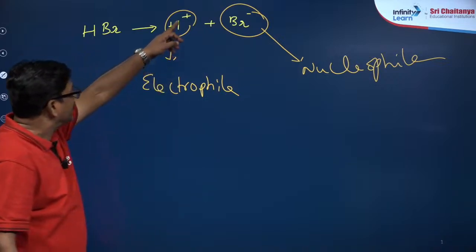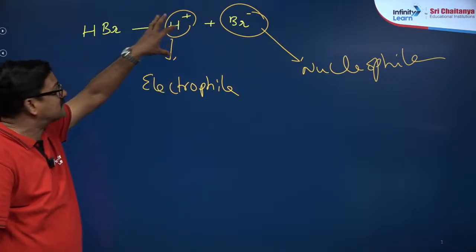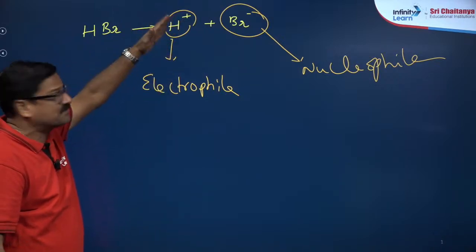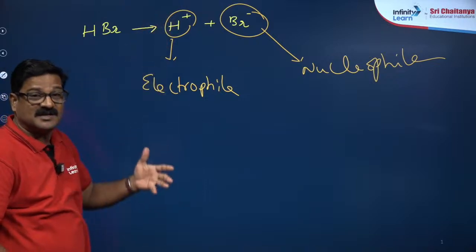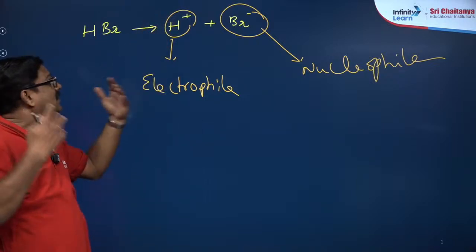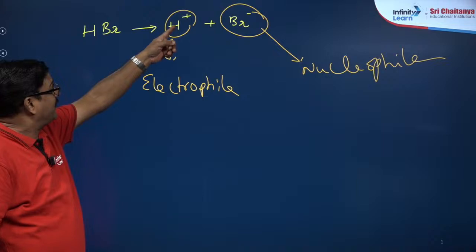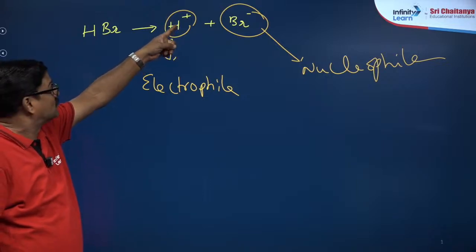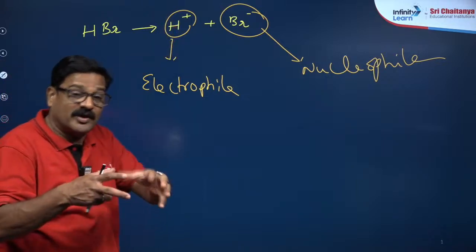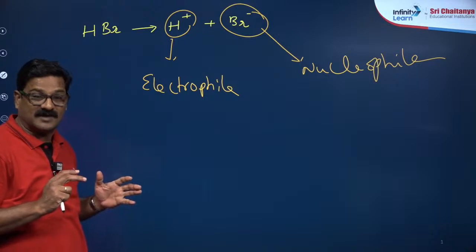Electrophile, phile means seeking, electron seeking group is called electrophile. So this H plus is positive charged. So this positive charged species is hungry about electron, ये electron की वजह से भूखा है, so that it wants to attack anybody who can give the electron, right?